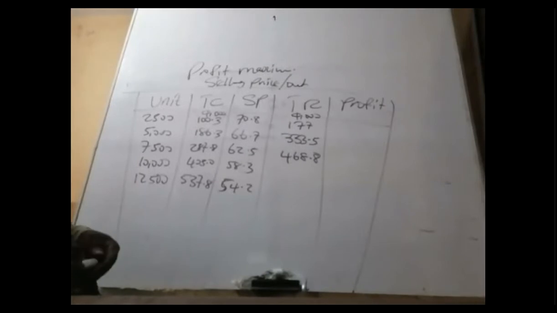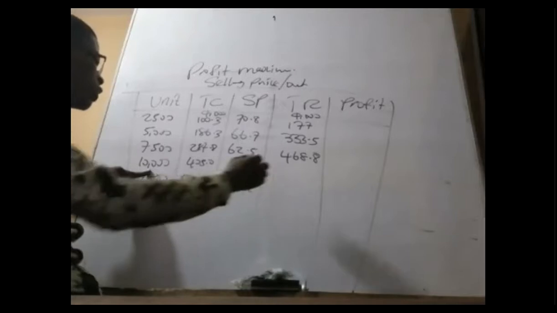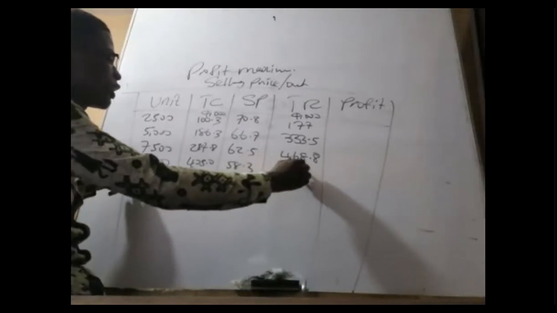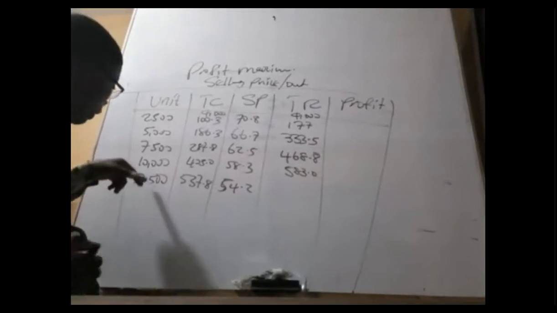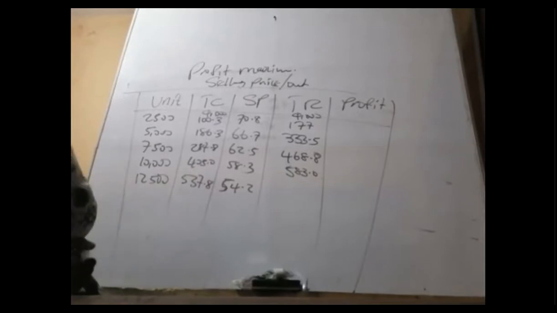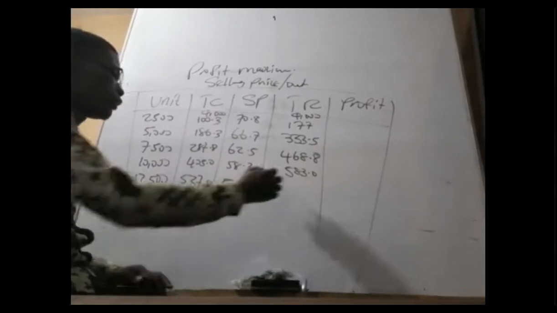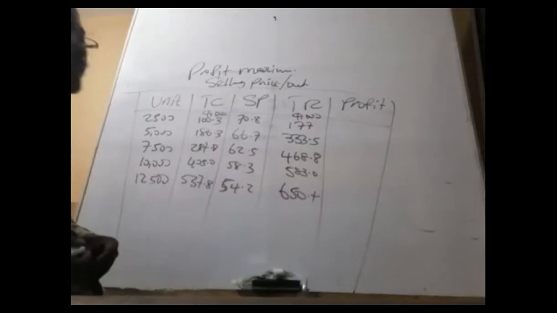Then 58.3 times 10,000 should give us 583.0, right? Then 12,500 by 54.2 gives 677.5. Any answer, friends, online? Now find the profit for me.